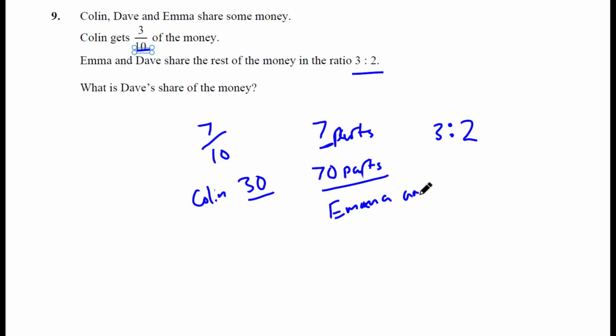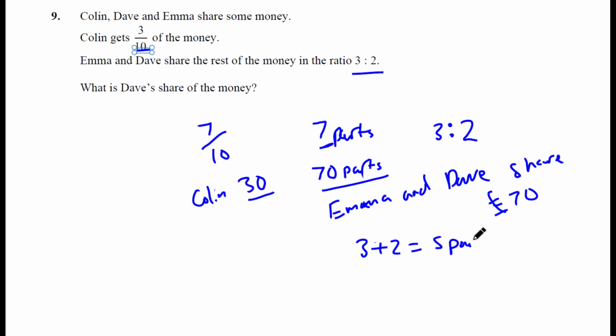So Emma and Dave will share £70. So ratio, we do 3 add 2 equals 5 parts in total. We do 70 divided by 5, which equals 14.